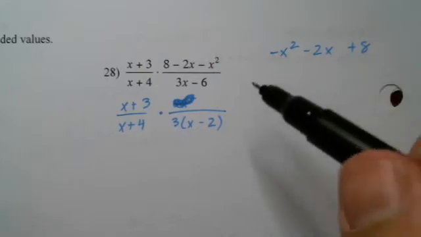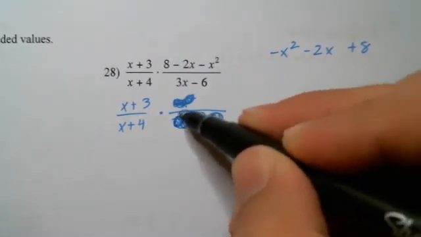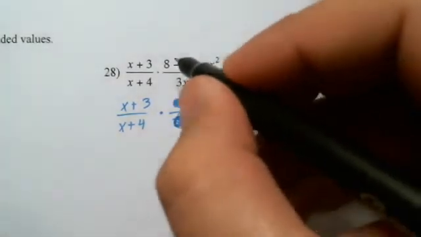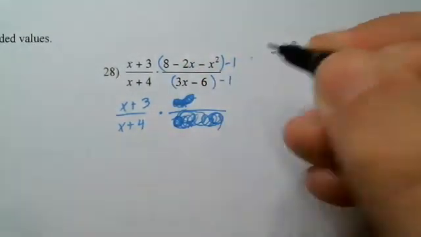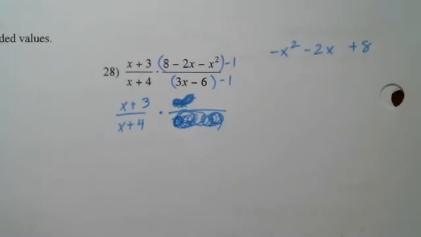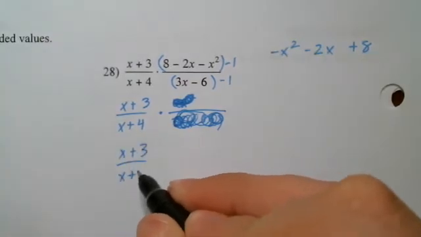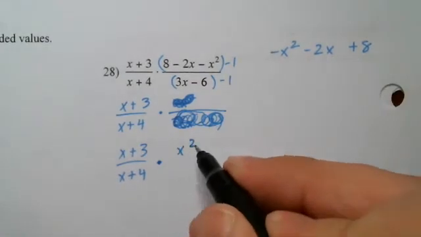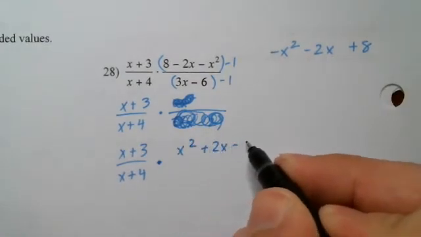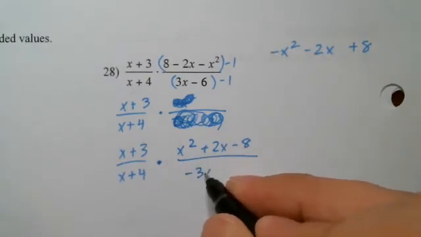Here's what I would do, just to try to avoid that issue. I'm going to multiply the top by -1 and the bottom by -1. What you do to the numerator, you have to do to the denominator, okay? And what that does is we still have x plus 3 over x plus 4. But it changes that to x squared plus 2x minus 8 over negative 3x plus 6.